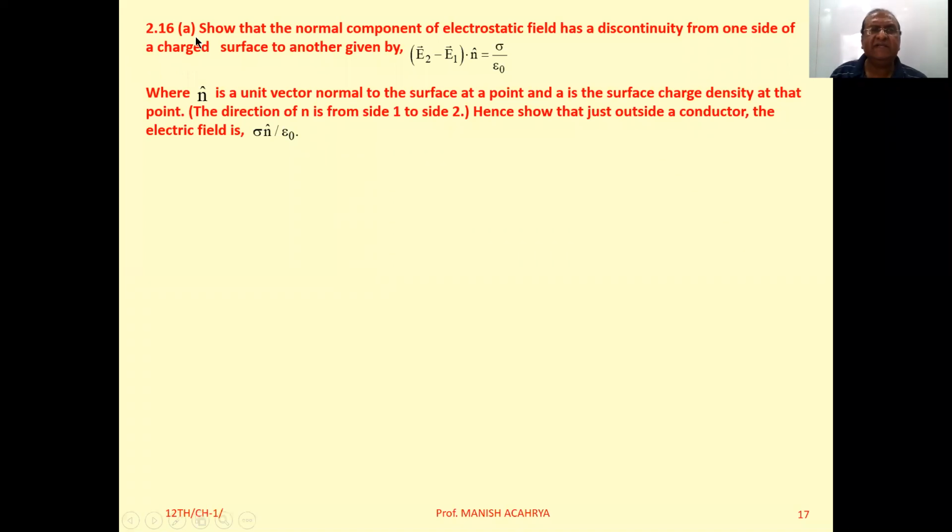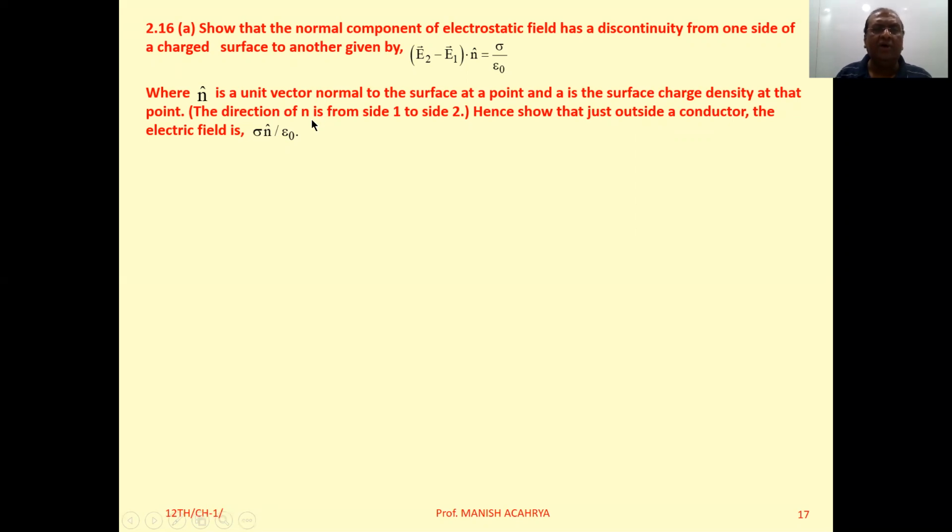Example 2.16, show that the normal component of electrostatic field has a discontinuity from one side of a charged surface to another given by E2 minus E1 dot n caret equal to sigma upon epsilon 0, where n caret is a unit vector normal to the surface at a point, and sigma is the surface charge density at that point.